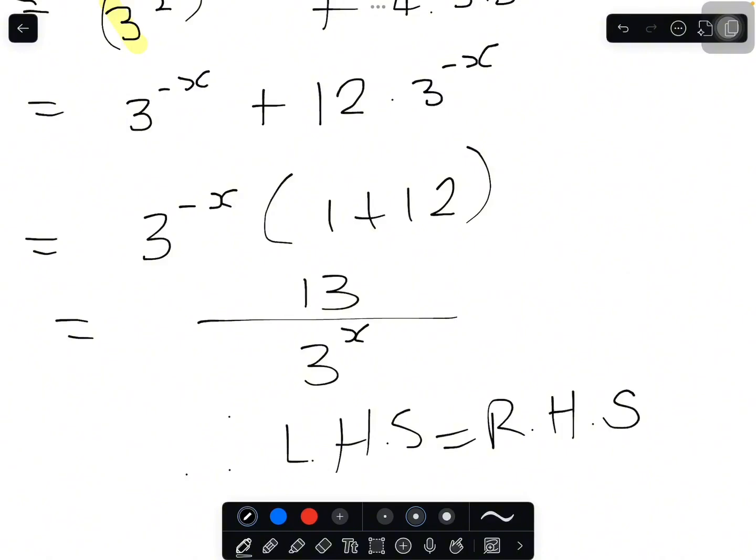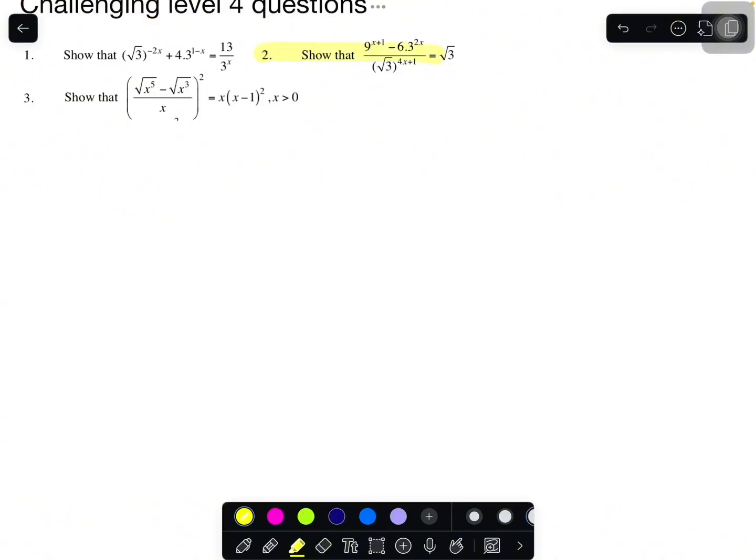We're going to work on number 2. Again, we're going to work with our left hand side because our left hand side is a side to simplify. So we have 9 to the power x plus 1 minus 6 times 3 to the 2x over root 3 to the 4x plus 1 equals root 3.